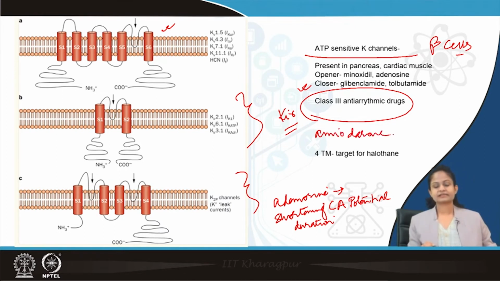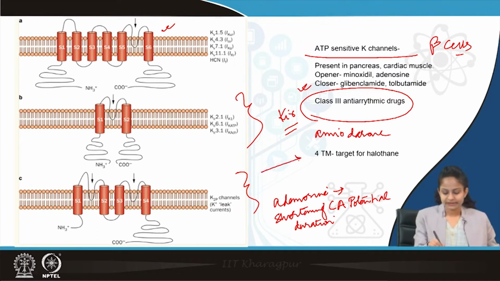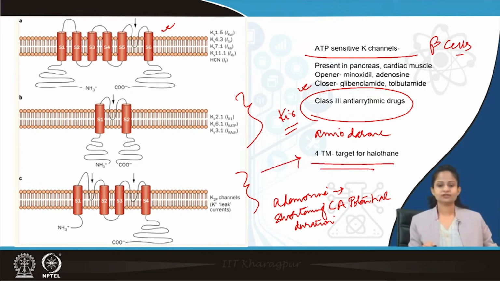So, whenever there is abnormality in the heart rhythm, heart rate, we use antiarrhythmic drugs, and potassium channel blockers belong to class 3, example amiodarone. And the 4 transmembrane leaky channels are mainly the target for the inhalational anesthetics, that is halothane. So, this much you have to remember for the different types of potassium channels.